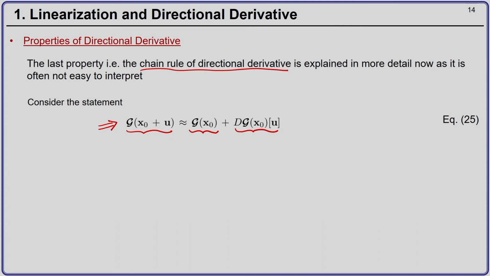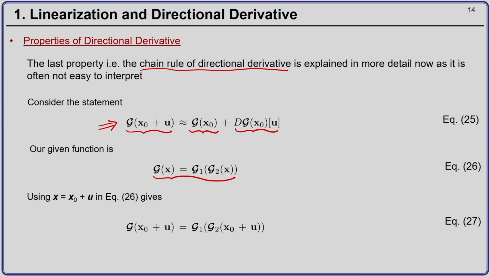Okay. So, now our given function is G equal to G 1, and G 1 is a function of G 2 and G 2 is a function of x. This is shown by equation 26. Okay. So, now using equation 25 for G 2, we can write G 2 at x 0 plus u.